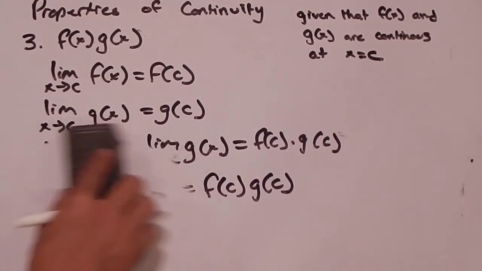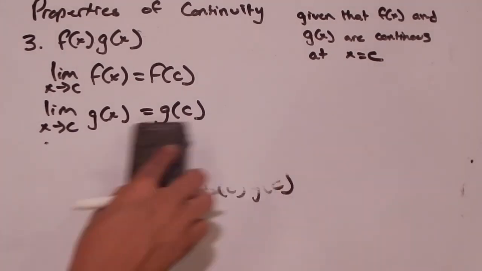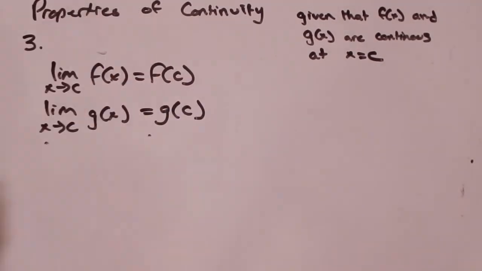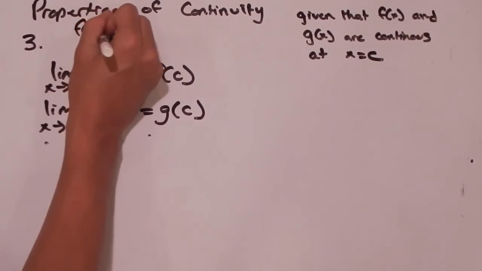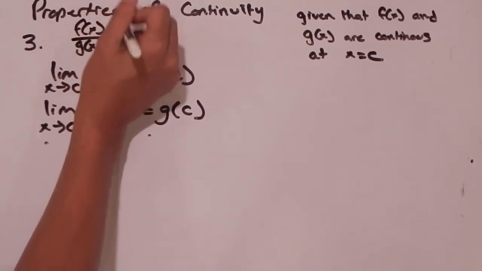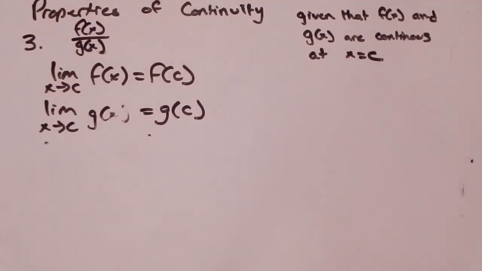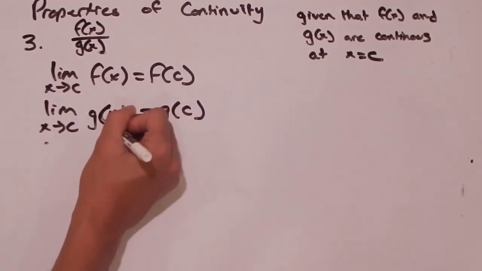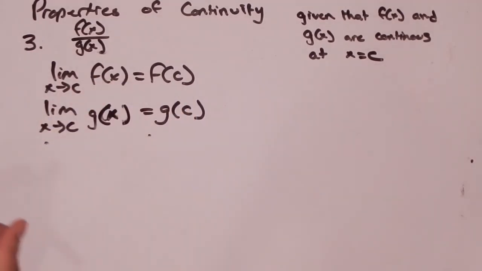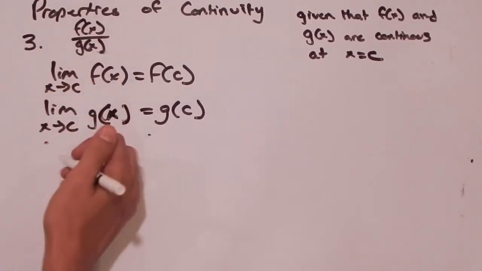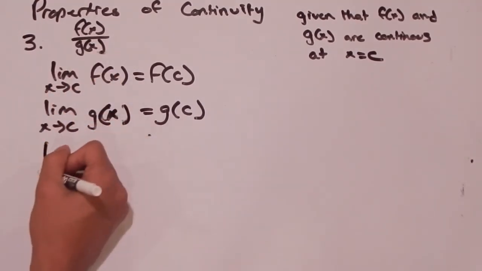Let's get rid of this and take a look at our last property, our quotient property. And because f of x and g of x are continuous at c, again, we know that the limit as x approaches c of f of x is f of c, and that the limit as x approaches c of g of x is g of c. So let's go ahead and divide those two by each other.